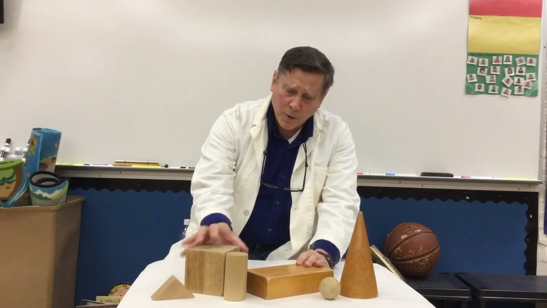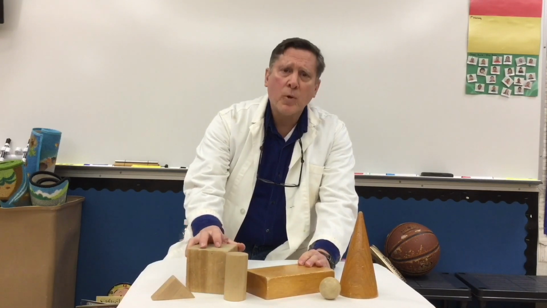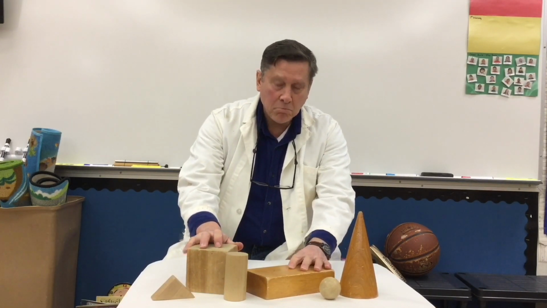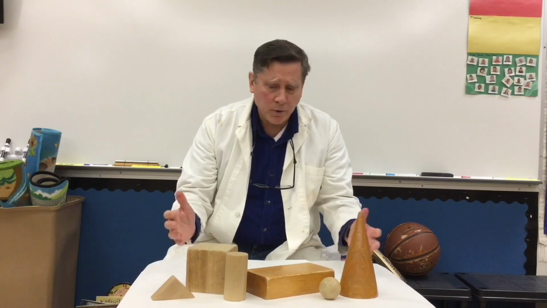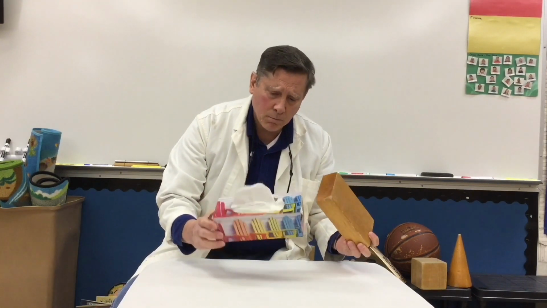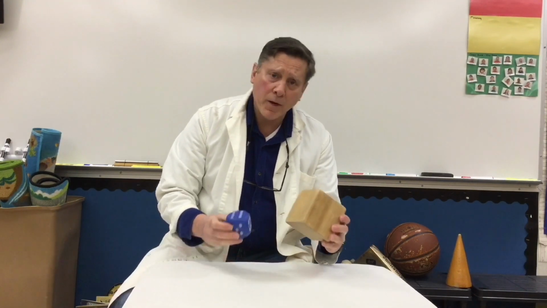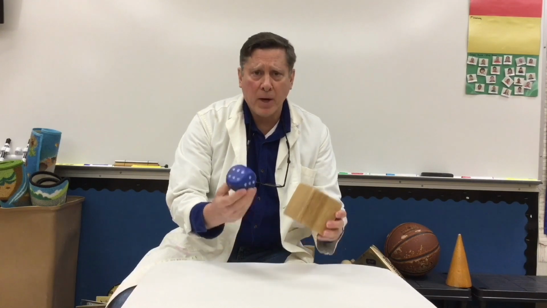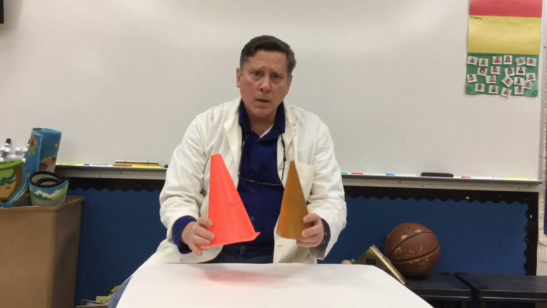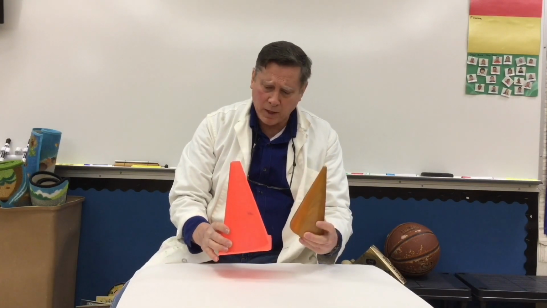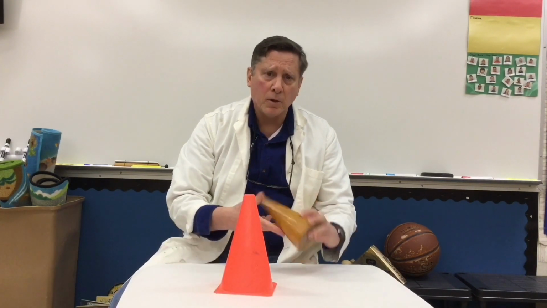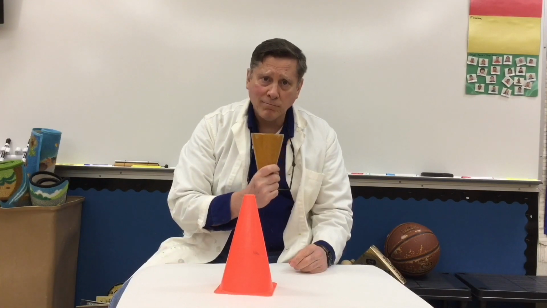When it comes to 3D solids, we begin to recognize that we actually see them all over the place in our world. We start to notice how a rectangular prism is in a Kleenex box, and how a cube is in a pair of dice or in a sugar cube. How a cone can be recognized as a parking cone or an ice cream cone.